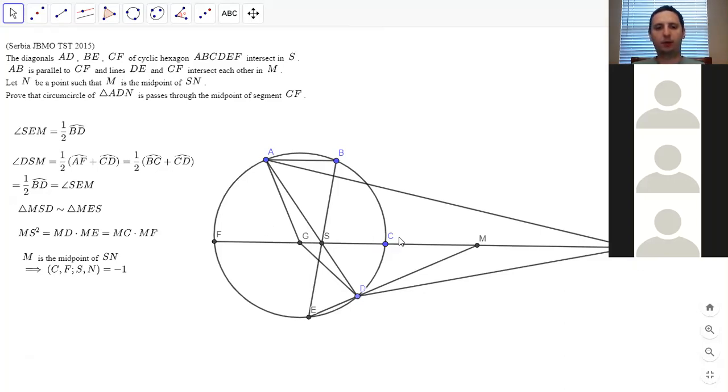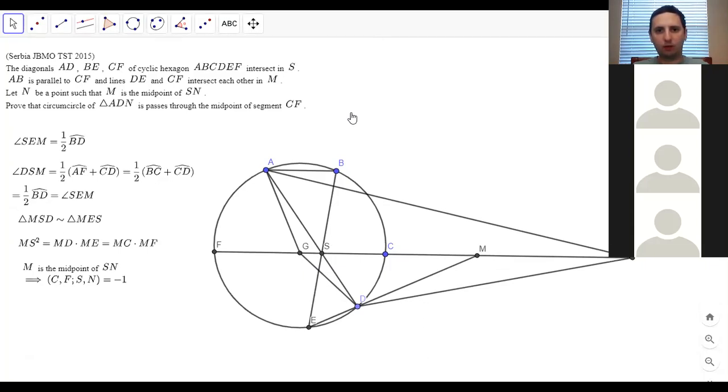I'm trying to remember how to do this. So we want to find GS times SN, right? So we have AS times SD is SC times SF. And we want to show that that's SG times SN. Oh, I guess that's just the same theorem. Yeah. Okay.